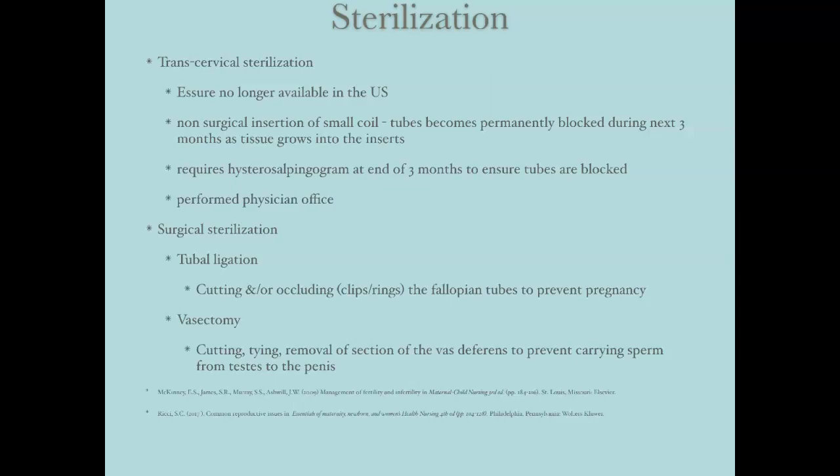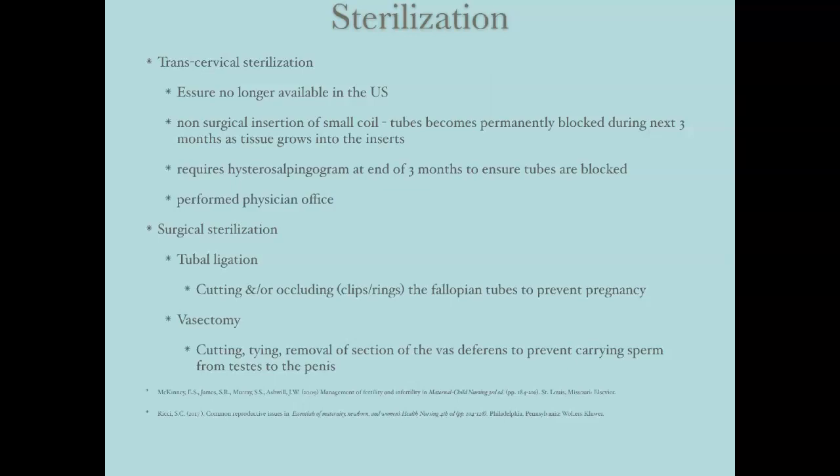In fact, I think they took it off the market in other countries in 2017, in the U.S. in 2018. But you still may have women asking about it, and you certainly may have women who've had the procedure done. If they've had the procedure done and they're not having any problems, there's no reason to remove it.